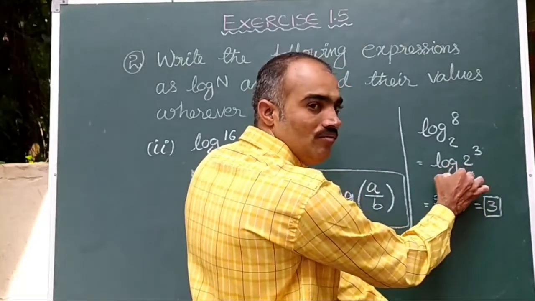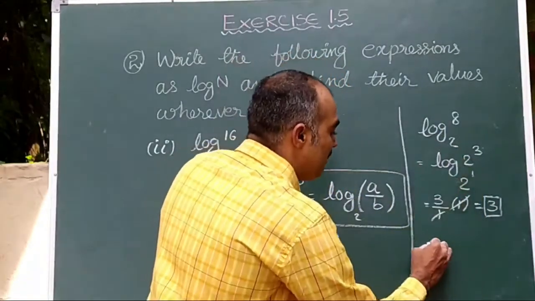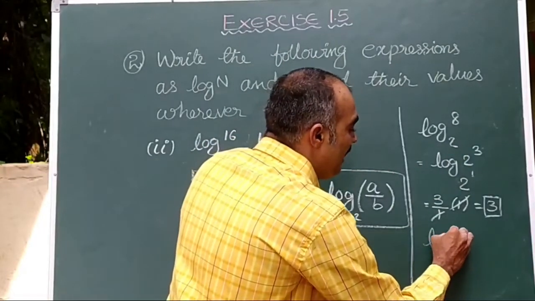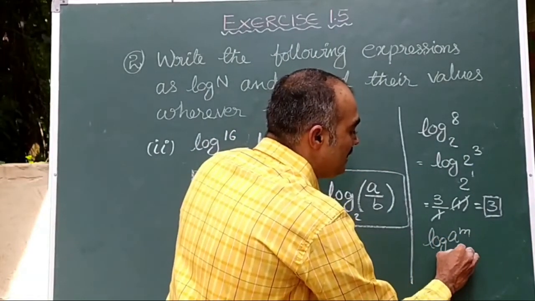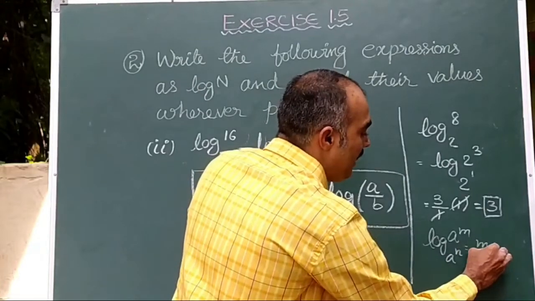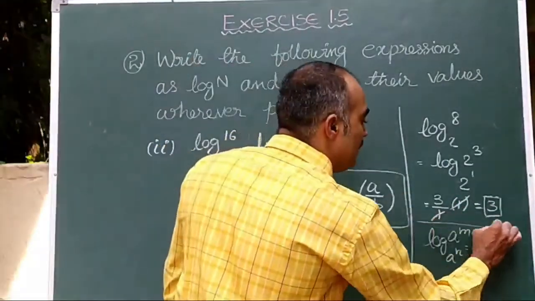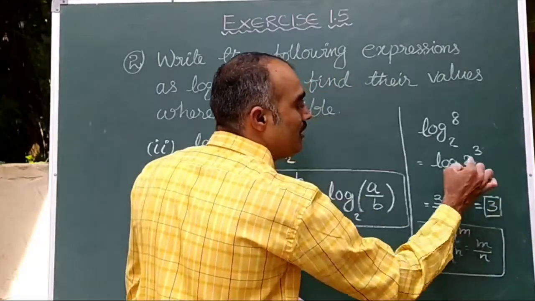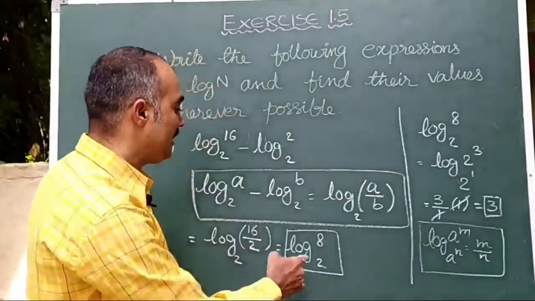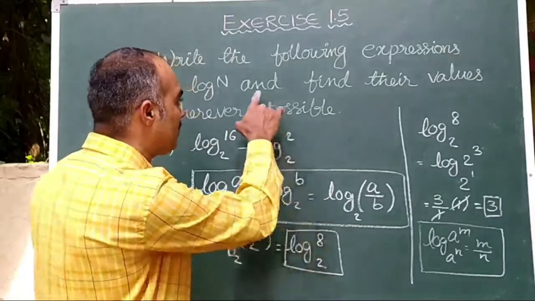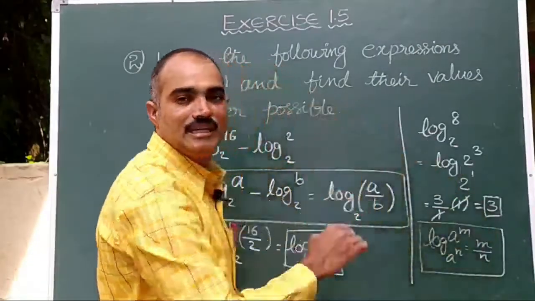The formula I used is log a power m base a power n equals m by n times log a base a, that is 1. So here I can write m by n, that formula is used here. So here are both the answers, children. Log 8 base 2 is the first part and 3 is the second part of this problem.